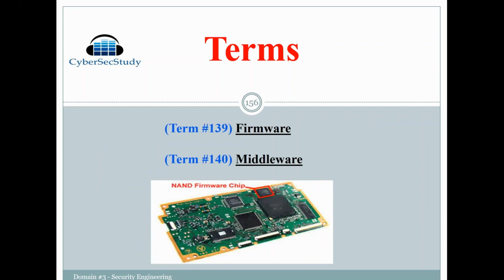Firmware is usually a read-only memory device that contains hard-coded instructions that tell the computer what to do during startup. And the fact that it's hard-coded means that the code can't be altered. If you buy a brand new computer that doesn't have an operating system on it, you bring it home, take it out of the box, plug it into the power and turn it on, it's going to boot up, and the first code that's going to be accessed is the BIOS, or the firmware.